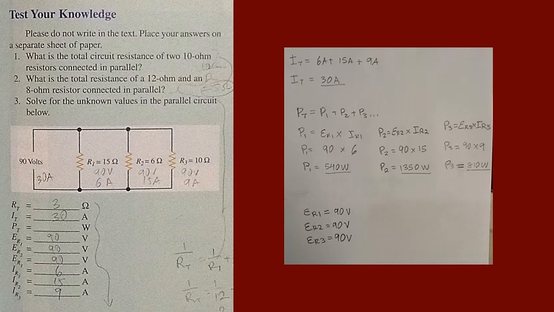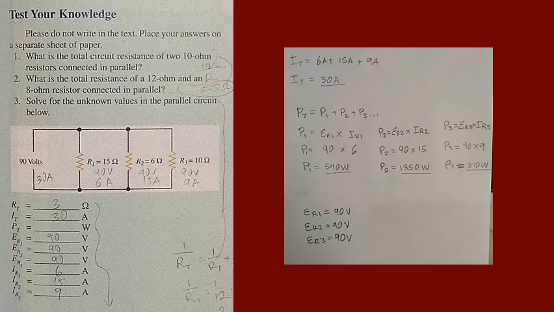Next, we move on to your power total, and it's simply power 1 plus power 2 plus power 3. To find our power at 1, we simply multiply our voltage drop times our current at resistor 1. And we have those two values, 90 volts and 6 amps, multiplied gives us 540 watts. For power number 2, we have 90 volts times 15 amps, that's 1350 watts.